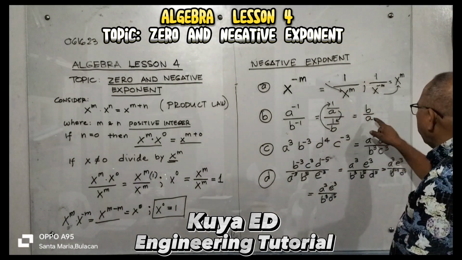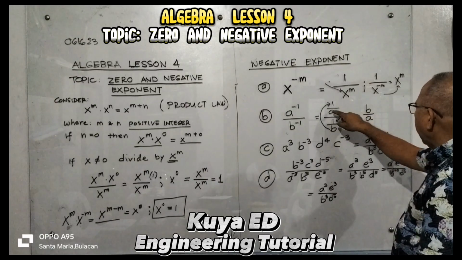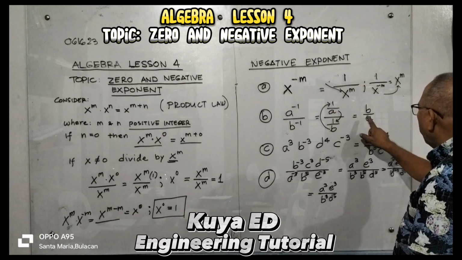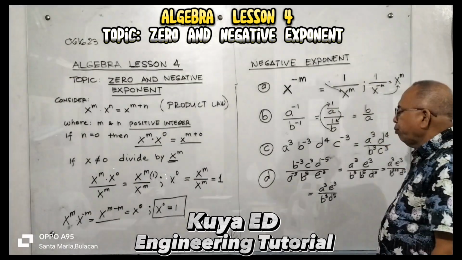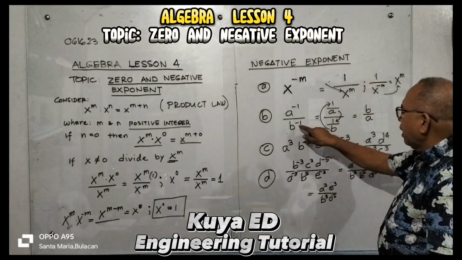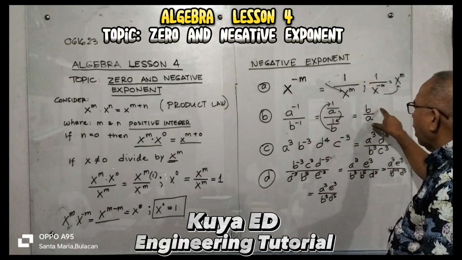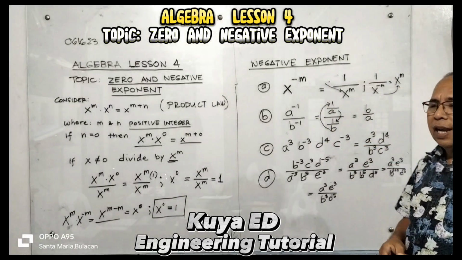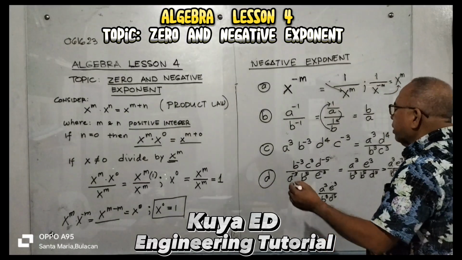Kaya pag nangyari yan, magiging ganito na. Ang B, punta sa taas, ang A, pupunta sa baba. Wala na yung negative exponent. Okay? So, ang ibig sabihin lang yan, itaas mo lang yan at ito ibaba, yun na ang totoong posisyon nila.